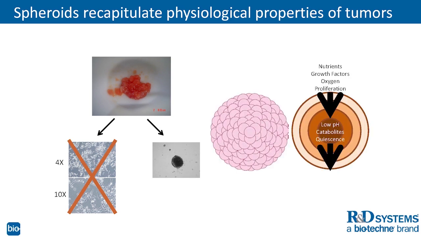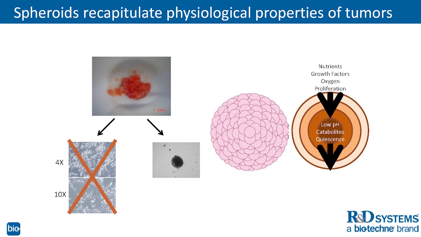We can recreate these physiological gradients that are associated with tumors. Basically, what happens is the spheroid is surrounded by the cell culture media, which contains the nutrients, growth factors, oxygen, everything that the cells need to grow.